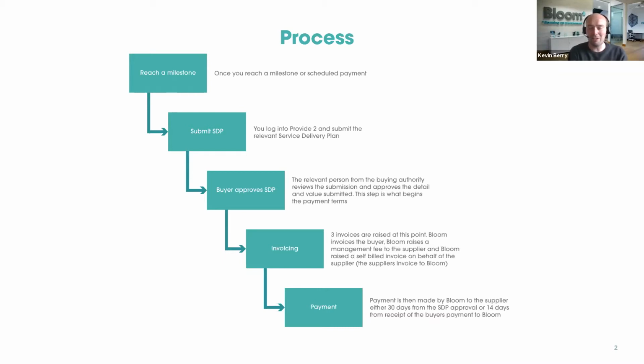We raise a self-billed invoice on your behalf to Bloom. So your invoice from yourself to us, we generate that on your behalf in what's called a self-bill invoice. As I say, we'll drill into that more today. And we also raise our management fee invoice to yourself. That's our invoice to you for the 5% management service fee we charge. All of those take place at the invoicing stage.